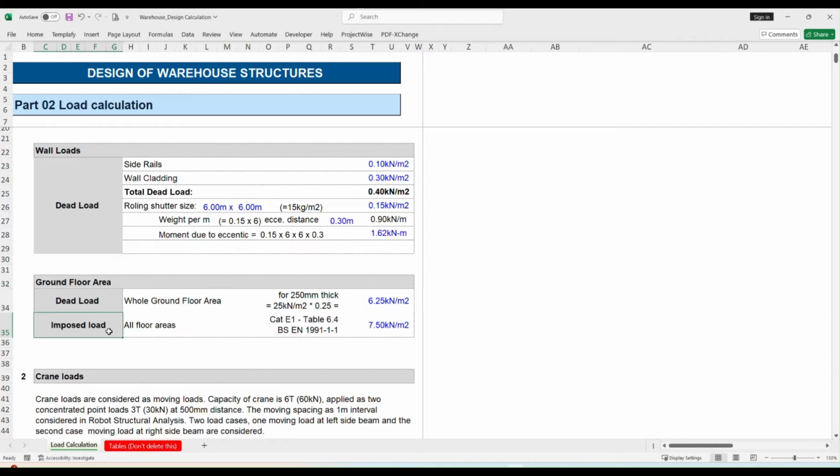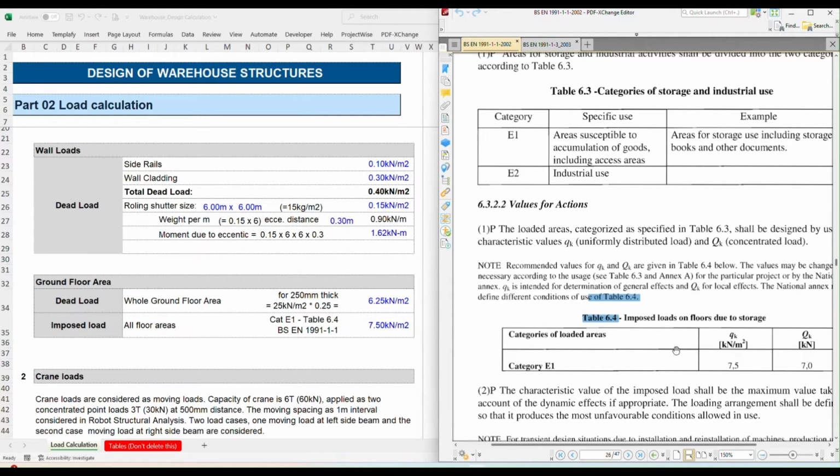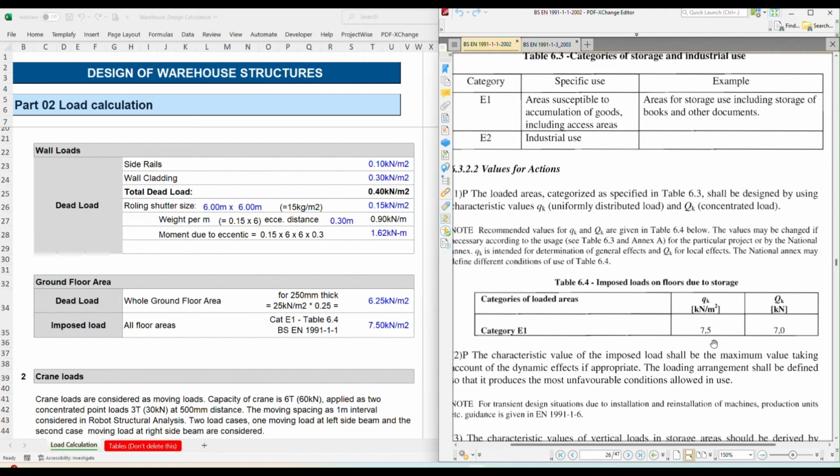Next one is the imposed load on all the floors. For that we are going to consider the equipment loads for category E1. For that we need to refer to table 6.4 of BS EN 1991 part 1 section 1. Here on the right hand side you can see category E1 in table 6.4, where qk is 7.5 kilonewton per meter square.